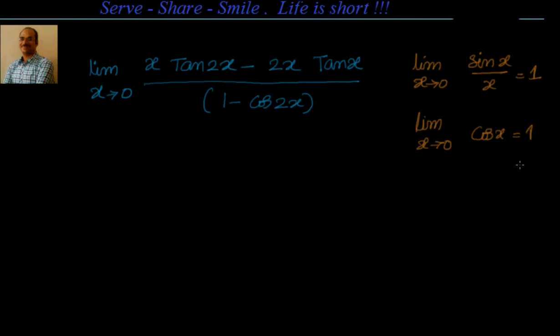So we have to leverage one of the trigonometric formulas related to limits. Since we see sin and cos, I will try to convert this whole expression into sin and cos. For that, first I will substitute the formula for tan 2x.